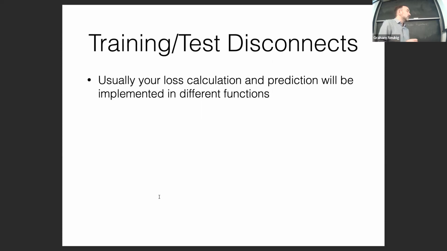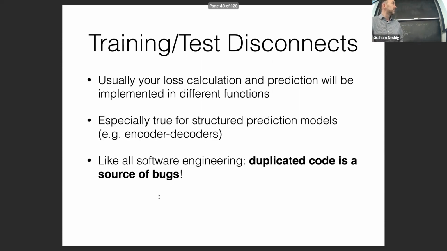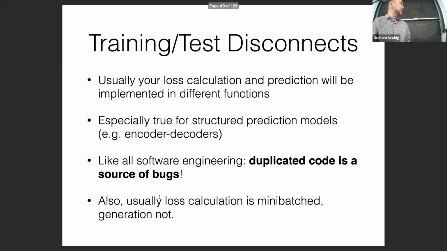And very often, your loss calculation and prediction will be implemented in different functions. And because of this, duplicated code is a source of bugs. So you can run into a case where you're training a model and it's training well, but when you're decoding or when you're generating outputs, you might be generating outputs that don't actually match what you were training for.